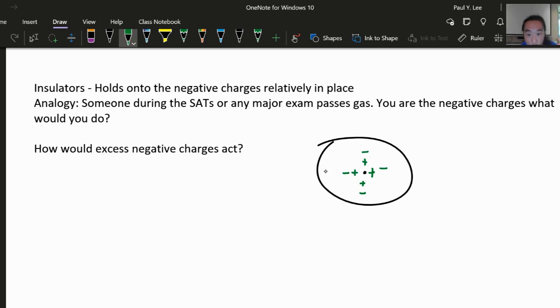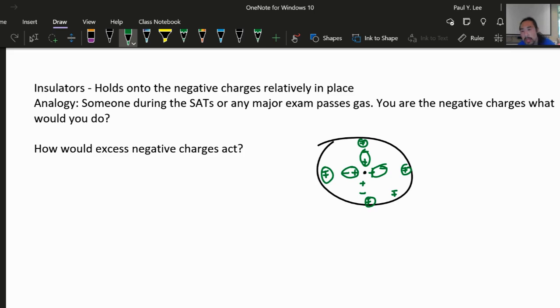But the further away you are, the negative charges aren't going to be leaning away as much because they're more or less bound to their current location, right? So this one you can see a clear polarization because it's leaning far away, but here you can see a tiny amount of polarization, because the closer you are to the source, there's going to be more of an effect of polarization.